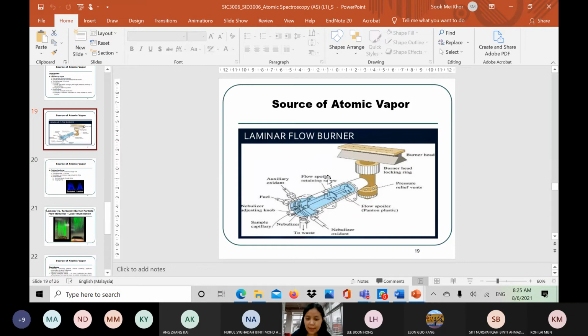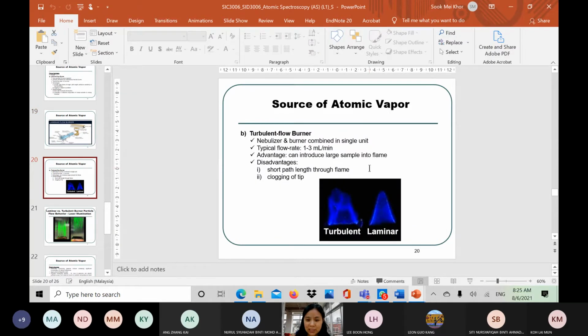If we use this type of burner for the atomic vapor and we get to know that this is not a good flow rate, then we can change it. But that is not the major impact towards the population of the ground state neutral atoms in AAS.